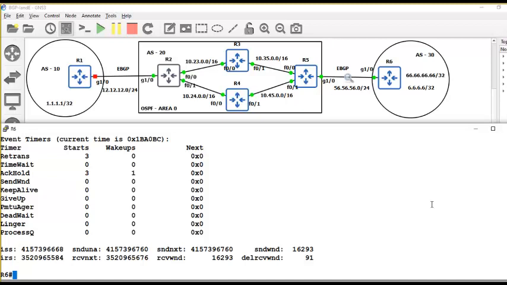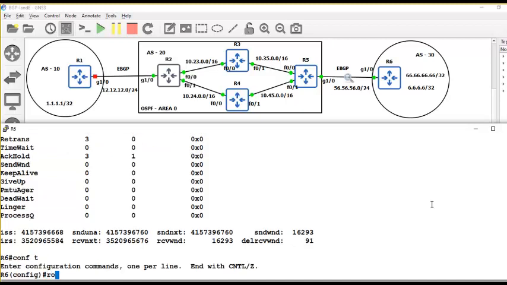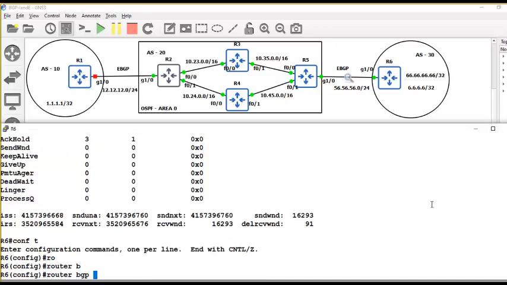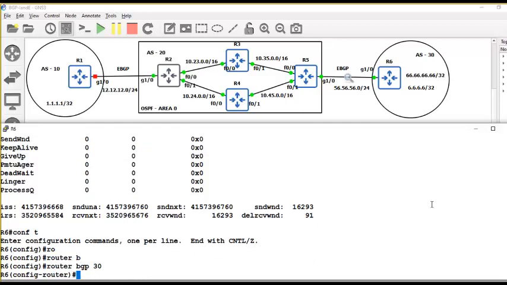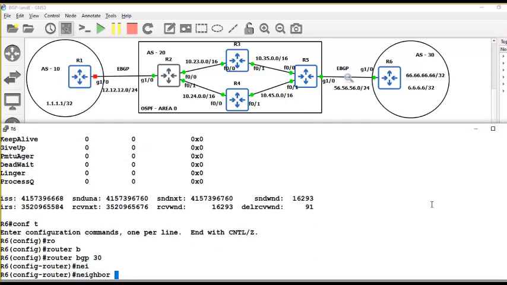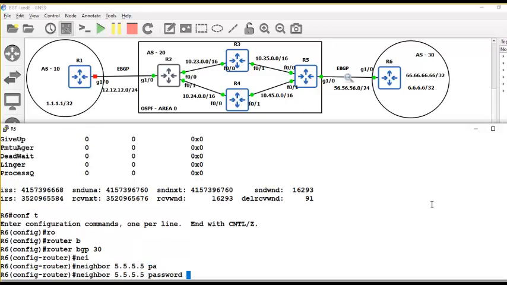Then the enterprise guy says no, you are saying security engineer, what is this? You don't know? First you put MD5 authentication like this. Router BGP 30, neighbor 6.6.6.6, whenever you speak to this neighbor, use the password Cisco123.